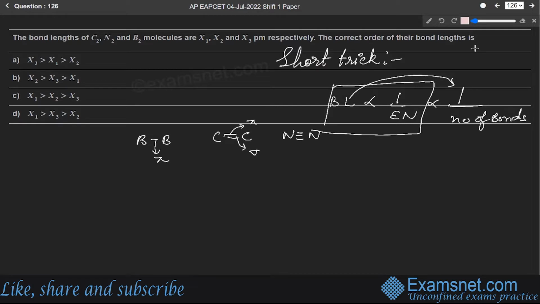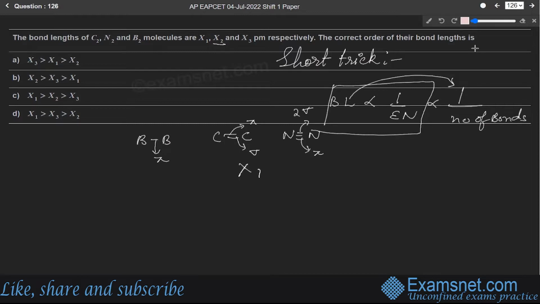And in a triple bond, you have one sigma bond and two pi bonds. Isn't it easy now? Talk carbon carbon, that is X2, and nitrogen is basically carbon carbon is X1 way.